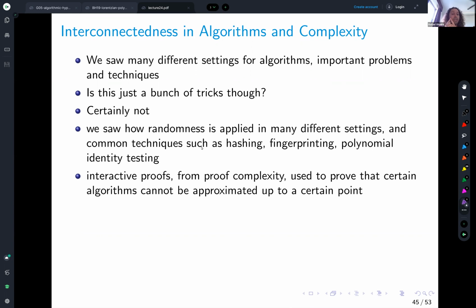Because remember that the PCP theorem was also equivalent to a hardness of approximation statement, right? So in a sense, we didn't just learn a bunch of tricks, but we learned how algorithms and complexity are really quite interconnected. It's not just something, oh, I come up with an algorithm and then I have to come up with a trick that shows that my algorithm is best.